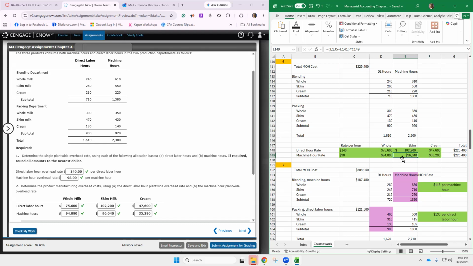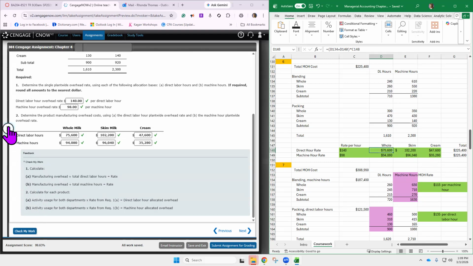So yes, you do care. If you're cream, you want machine. If you're skim, you want machine, but if you're whole, you want the direct hour rate. Whichever one gives you the least, that's what you're going to want to work with. So there you have it. Let's go to the next one.